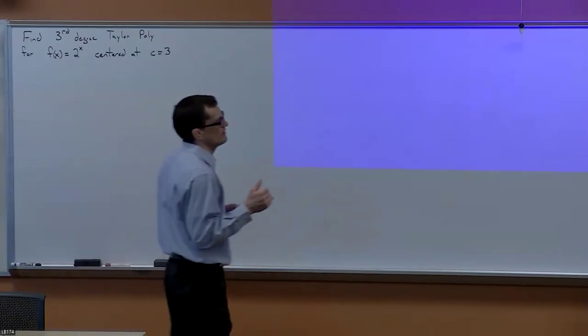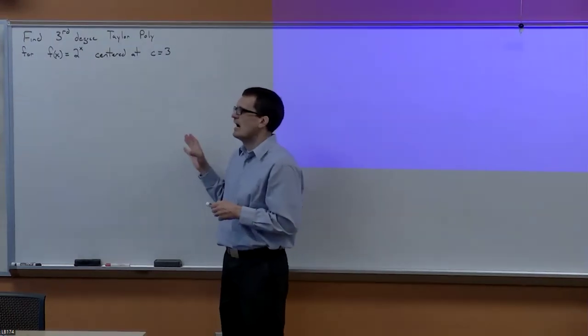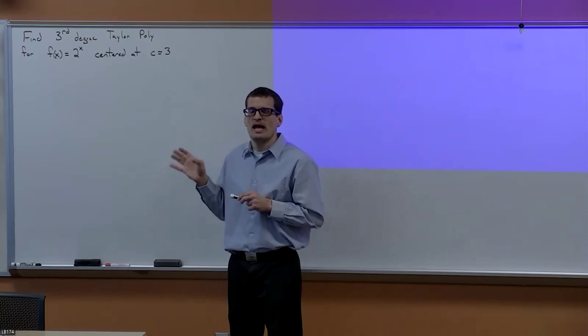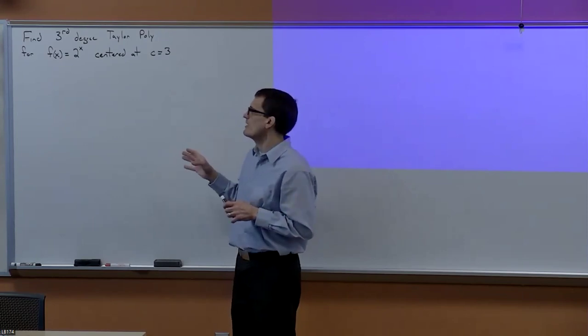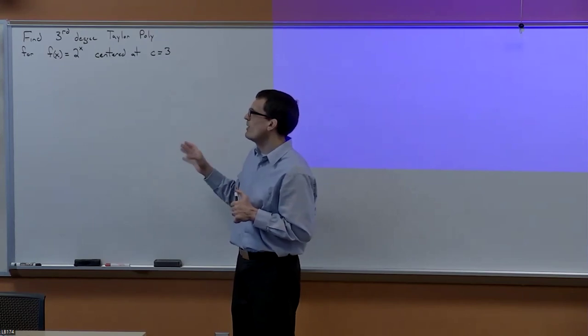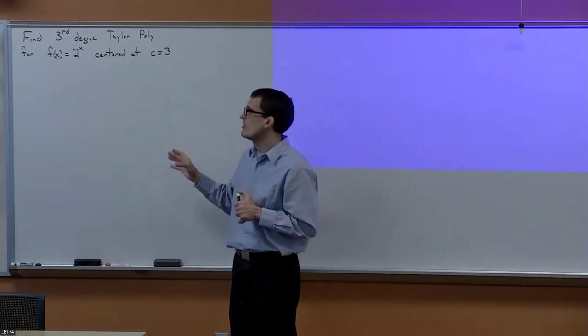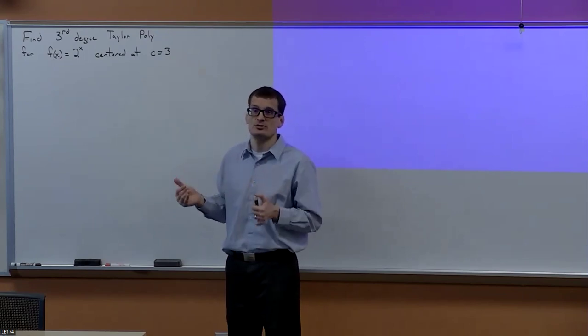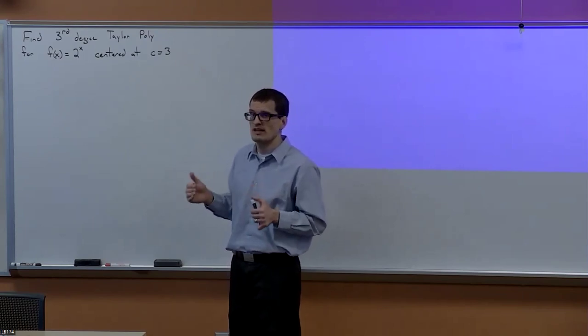Now, what I like to do is I know I'm going to have to find derivatives, and I'm also going to have to know what those derivatives are when I plug in my center. So I start with that usually.